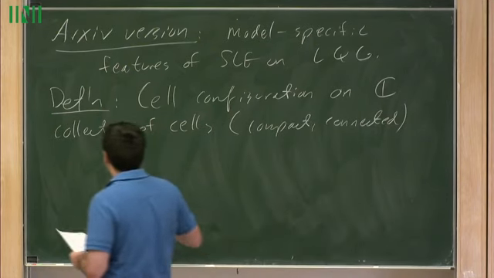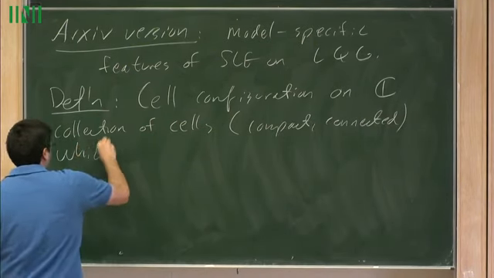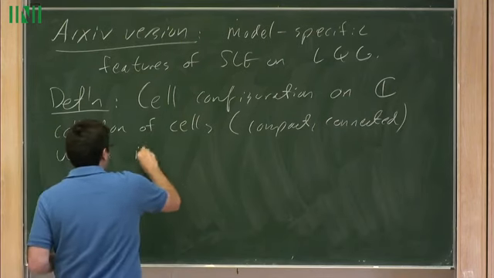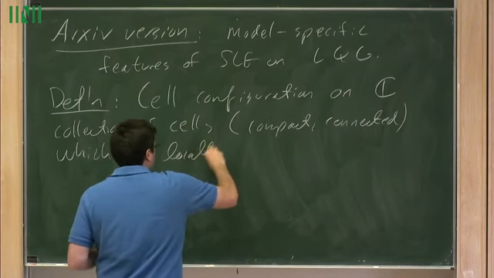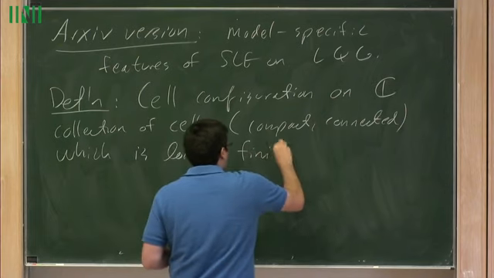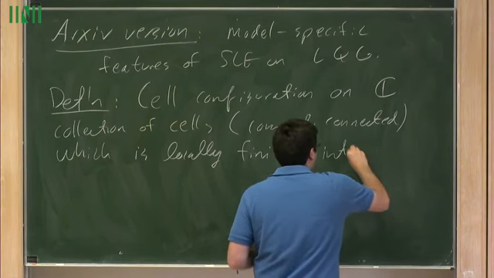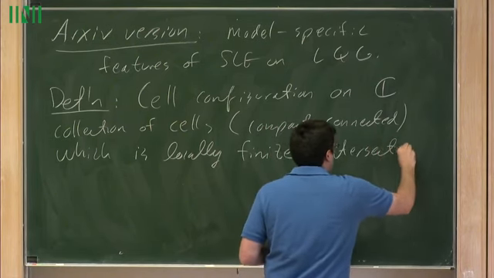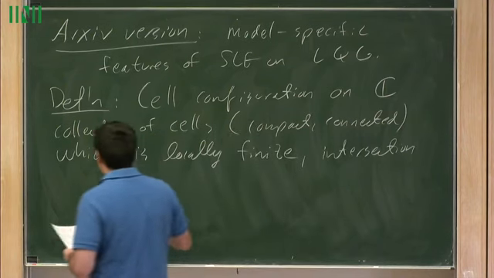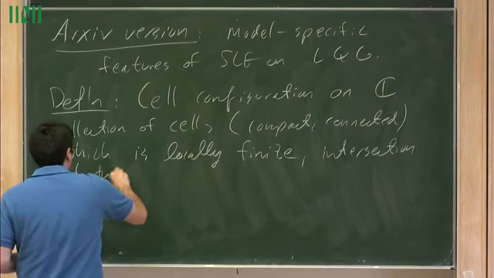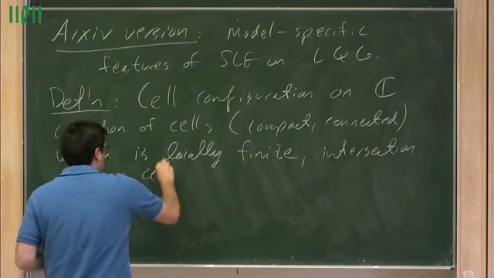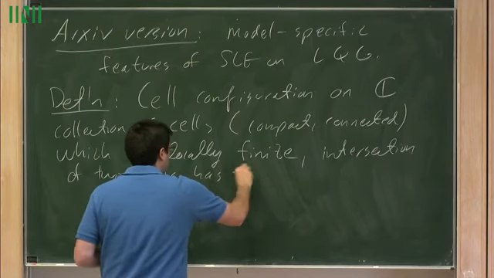We're going to assume that the cell configuration is locally finite, and we're also going to assume that the intersection of any two cells has zero Lebesgue measure.